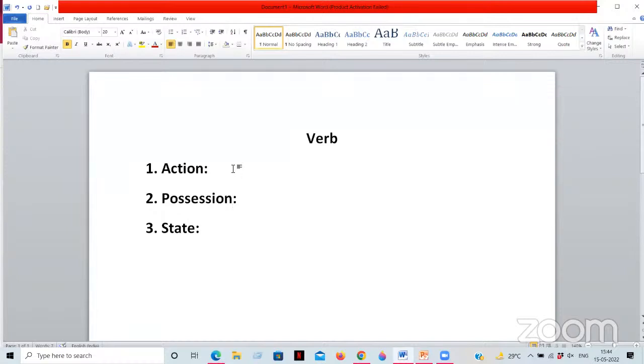If I'm saying here that he goes to school, this is my pen, see, these three sentences are very self-declarative of what a verb actually does.